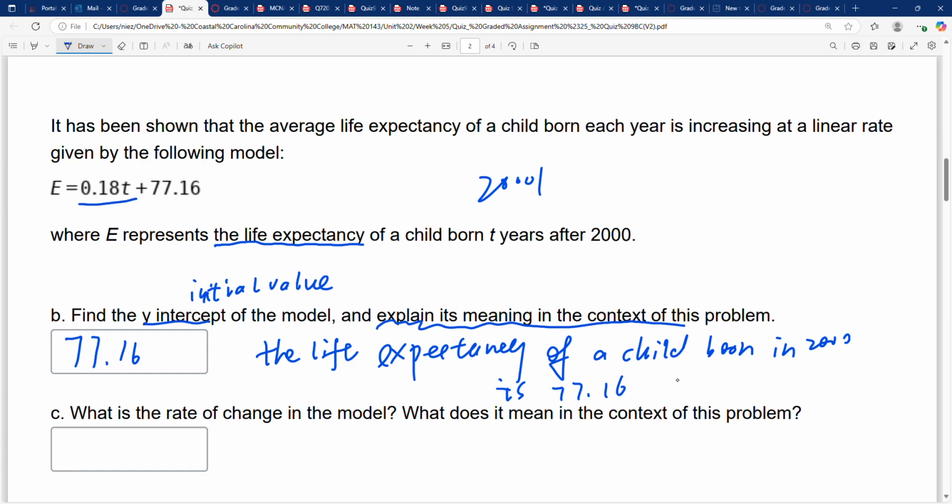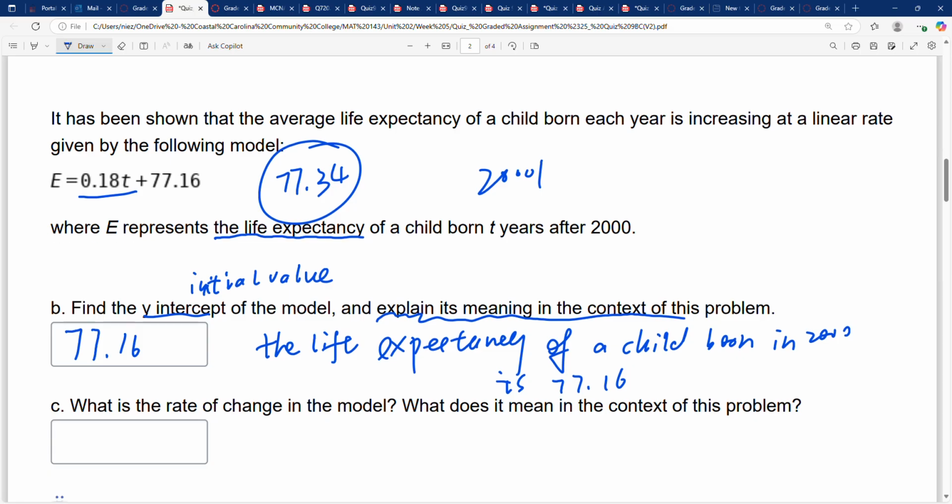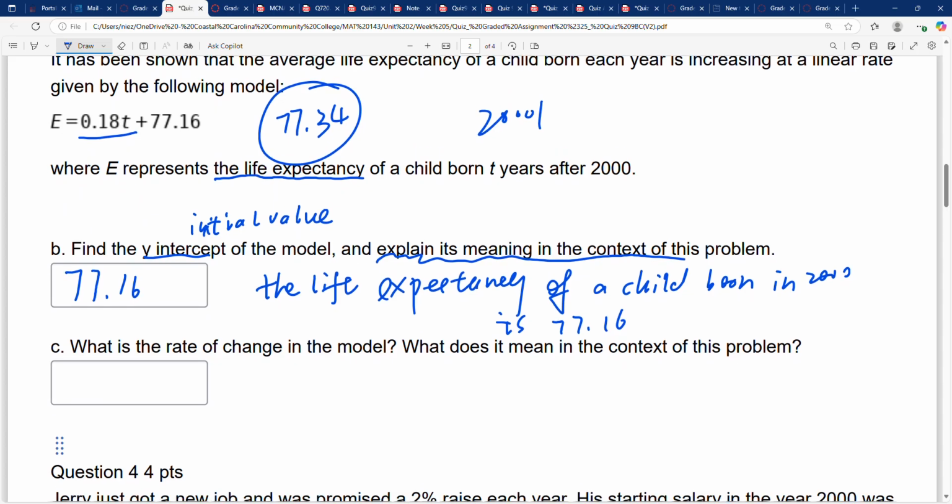You plug t equal to 1 here, you will get 77.16 plus 0.18, which is 77.34. This means the life expectancy of a child born in 2001 should be 77.34.